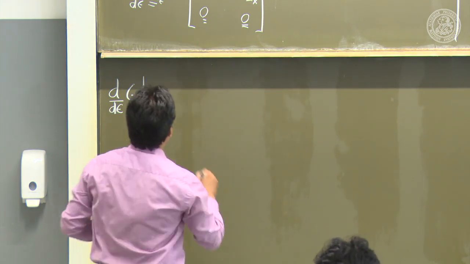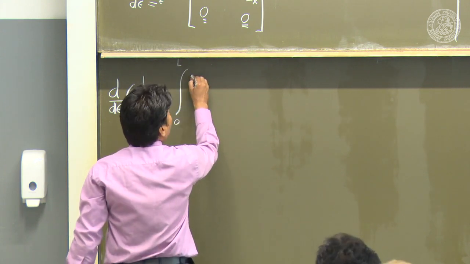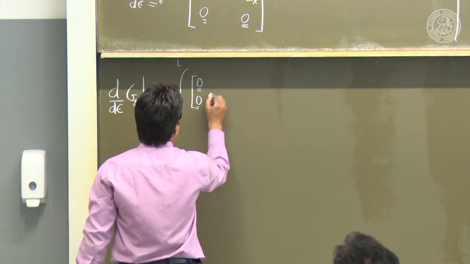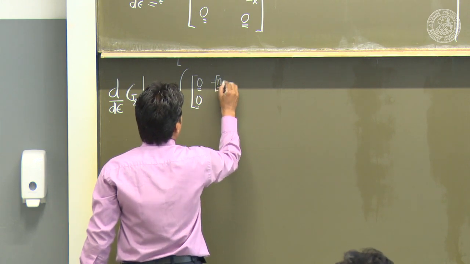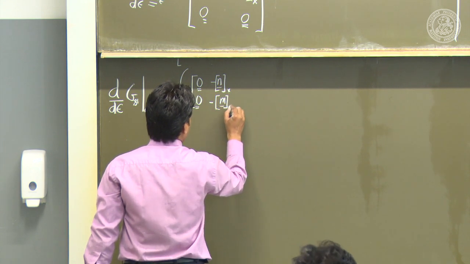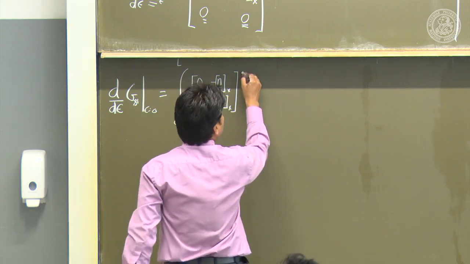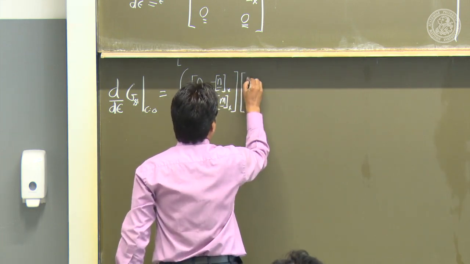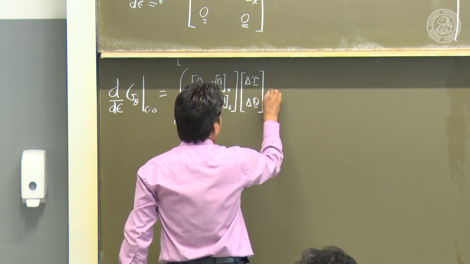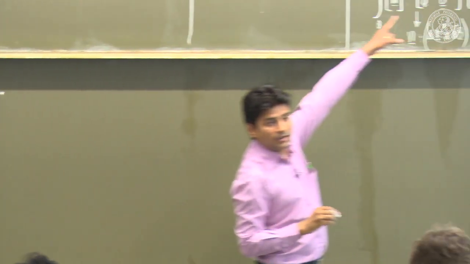So that's over here, which is 0 to L of 0, 0 minus n cross minus m cross times delta r delta theta dot with E transpose del r del theta.